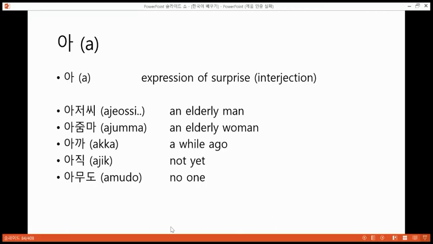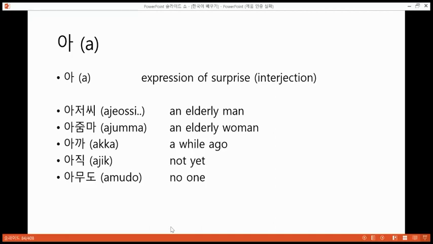Actually, he is 아저씨, an elderly man. But everyone wants to be called something good, right? So better than 아저씨, they want to be called 사장님. You don't have to call him 사장님, but if you call 아저씨 as 사장님, he will be happy. He might give you some Coca-Cola.